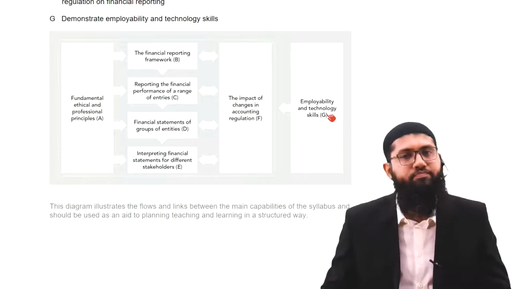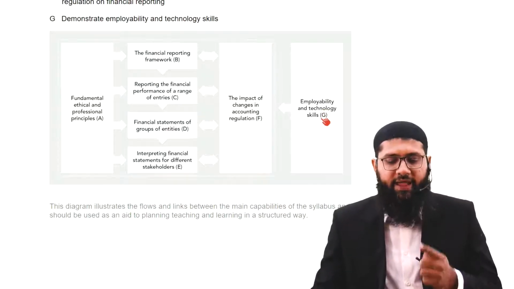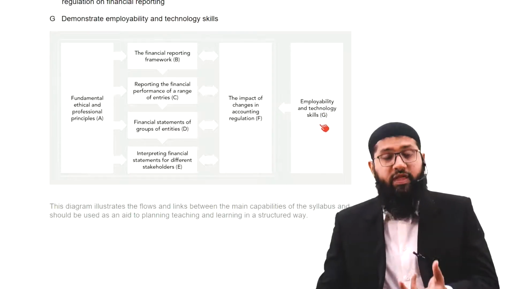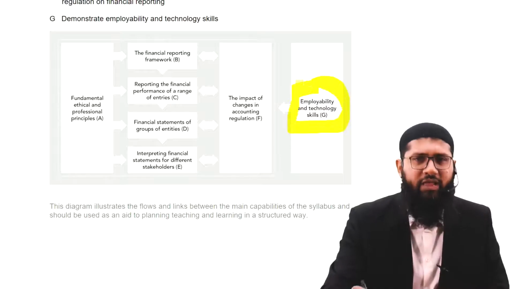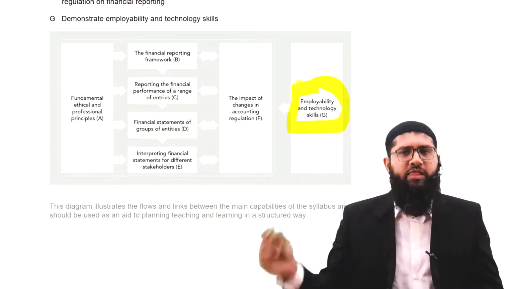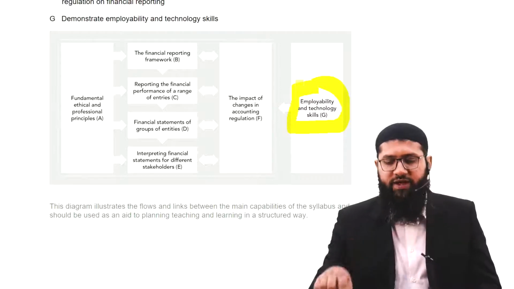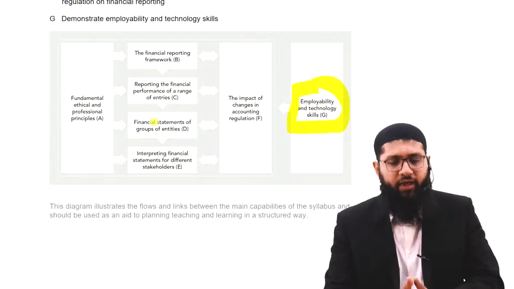Now, first of all, this section, section G, the employability and technology skills. What is this employability and technology skills section? If you go through any of the syllabuses, starting from the applied skills paper of F5 up till the P7 level paper, you'd find this section included in every single paper. Now, what has ACCA done?